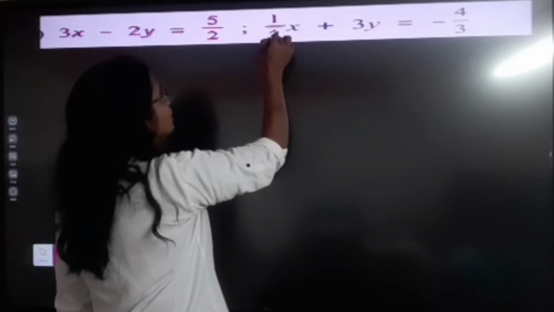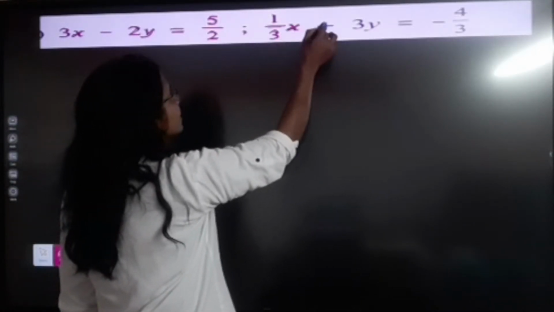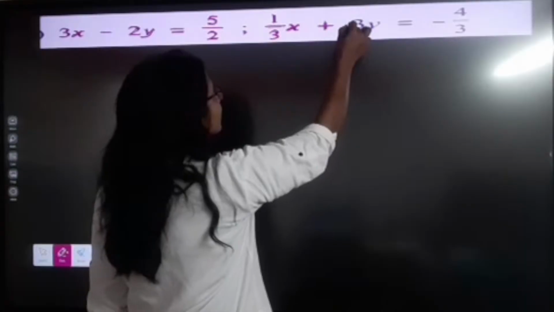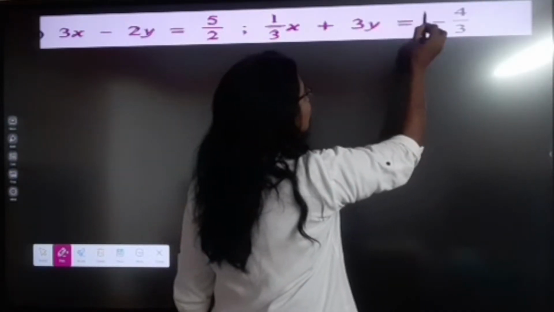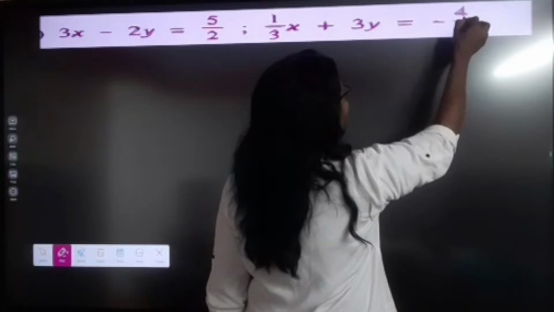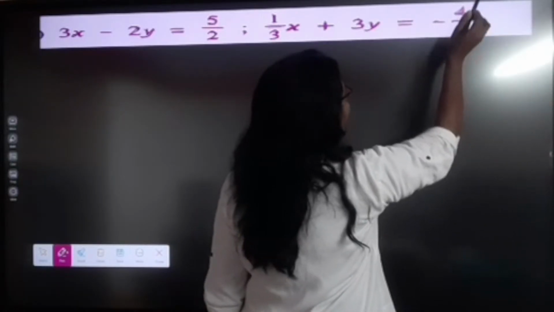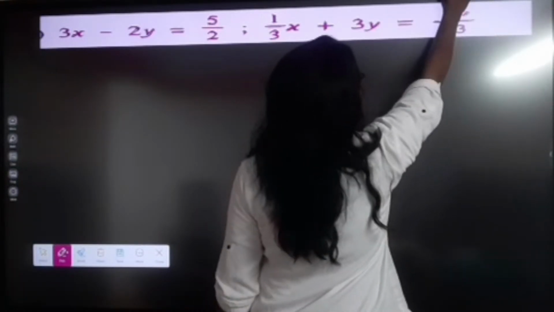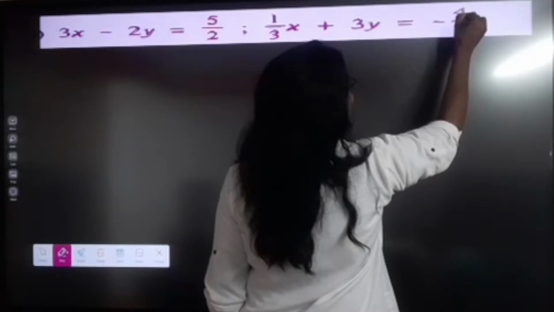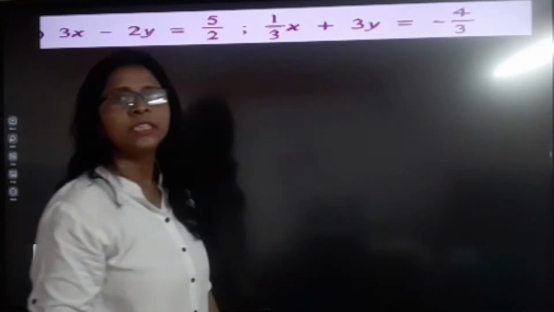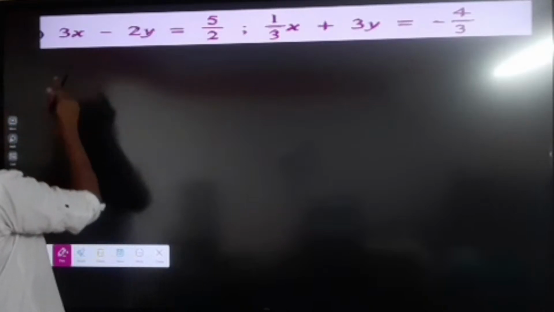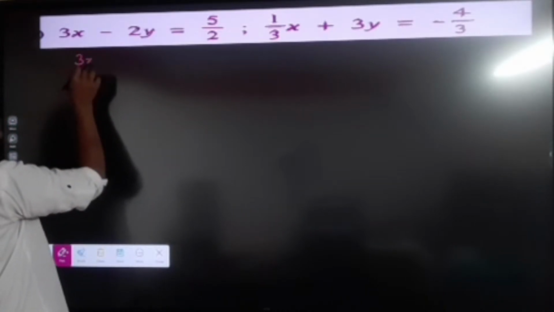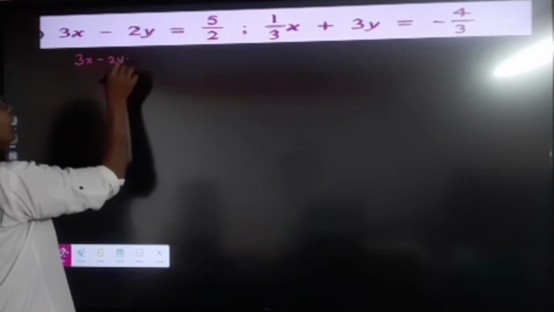Second equation: 1 upon 3x plus 3y is equal to minus 4 upon 3. Okay students.